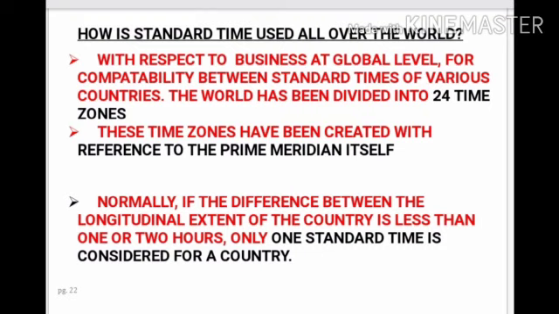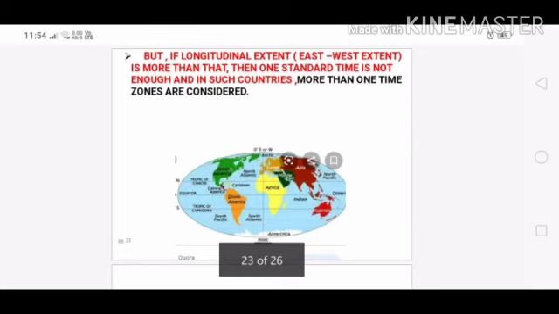Normally, if the difference between the longitudinal extent of the country is less than 1 or 2 hours, only one standard time is considered for a country. It means if any country is having a difference of 1 or 2 hours, only one time will be considered as the longitudinal time. Children, what we have seen in the last slide is that the world is divided into 24 time zones.